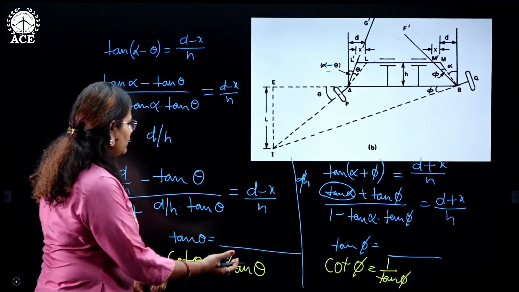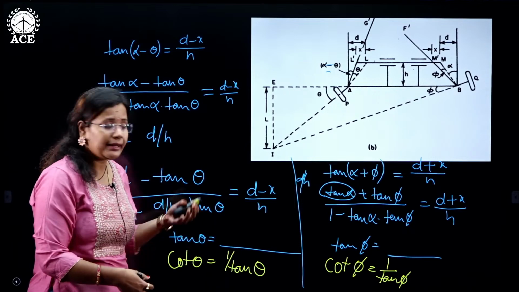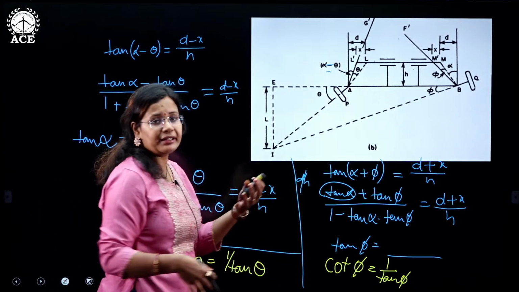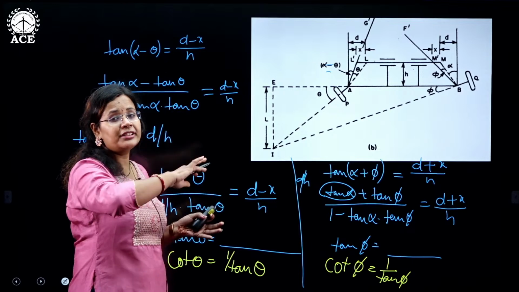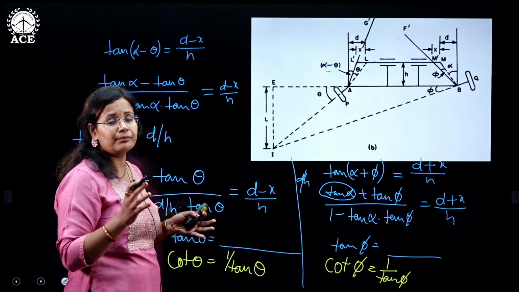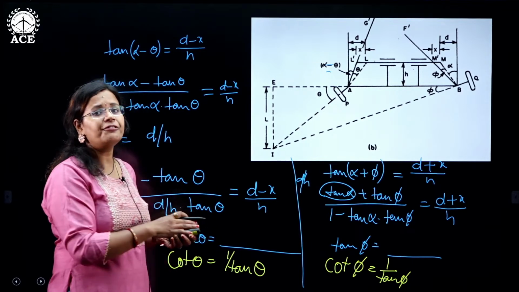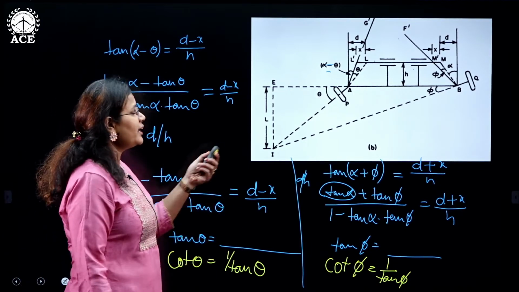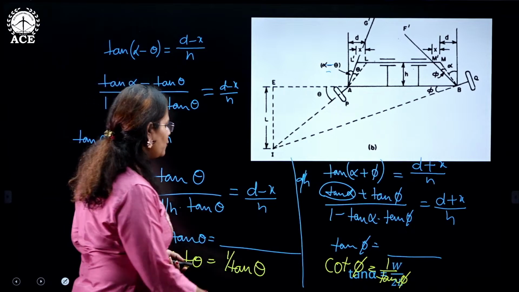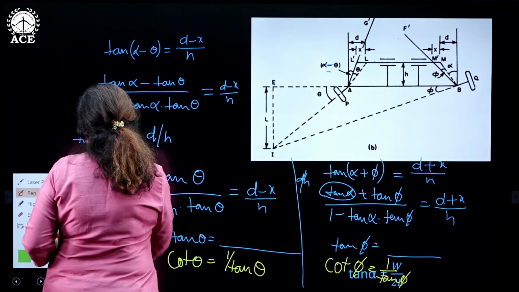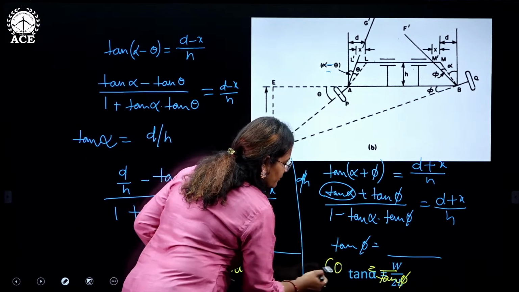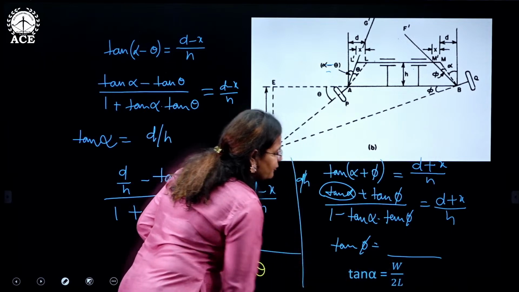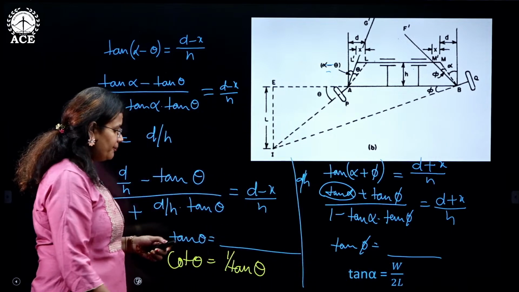You already know that the correct steering gear mechanism condition is cot phi minus cot theta is W by L. When you calculate that for the Davis mechanism, you get the equation: tan alpha is equal to W by 2L.